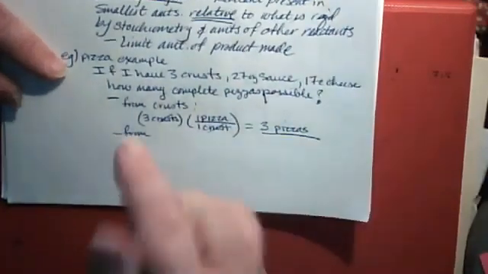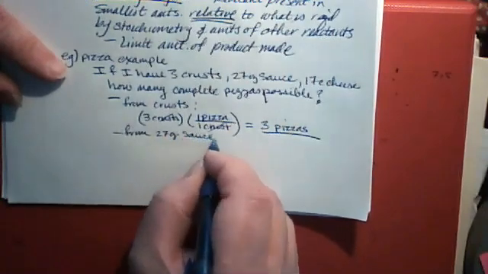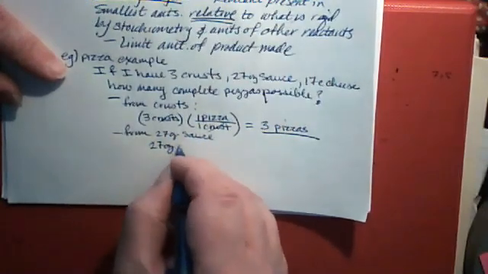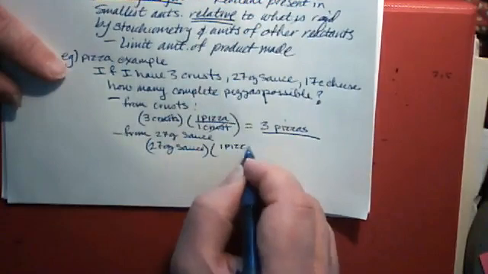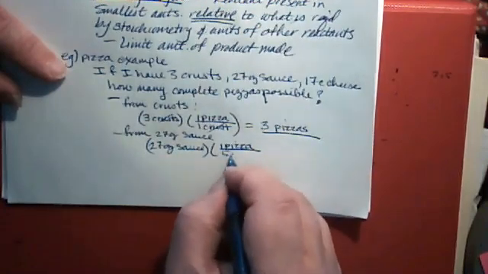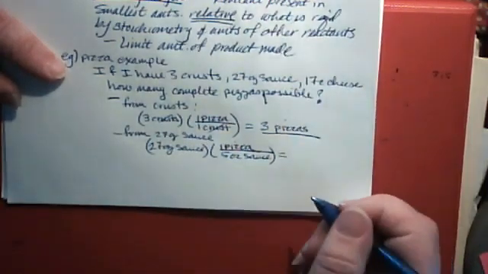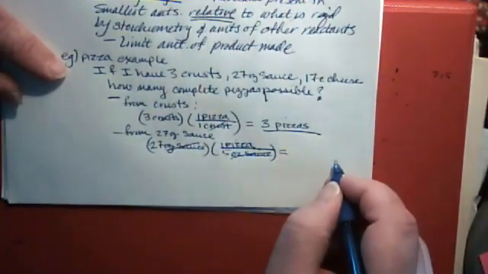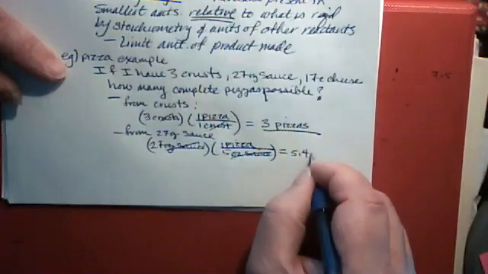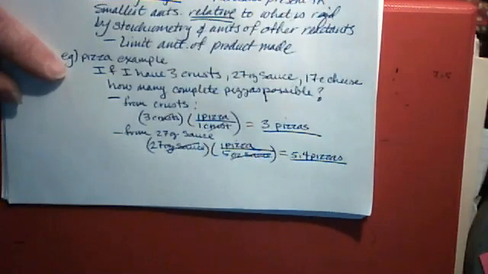Then from the 27 ounces of sauce, we can get one pizza according to the balanced equation from every 5 ounces of sauce. Ounces of sauce cancel as a unit, and you get pizzas as the unit for the answer. And we get 5.4 pizzas from the amount of sauce, ignoring the other reactants.